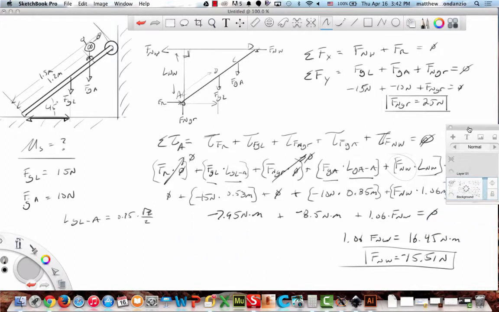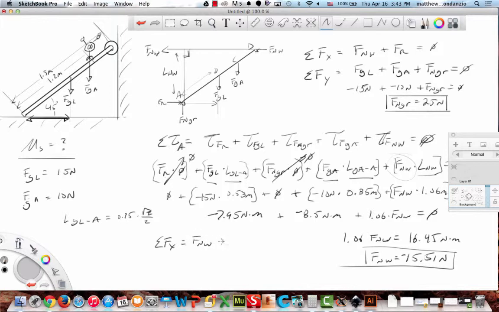The other option is to solve it with just straight torque. You could skip this middle step of the forces and just do your torque. Now that I know FNW, when I put that value into my sum of the forces equation, there comes the negative sign. The sum of the forces in X equals FNW plus FR, which equals 0.